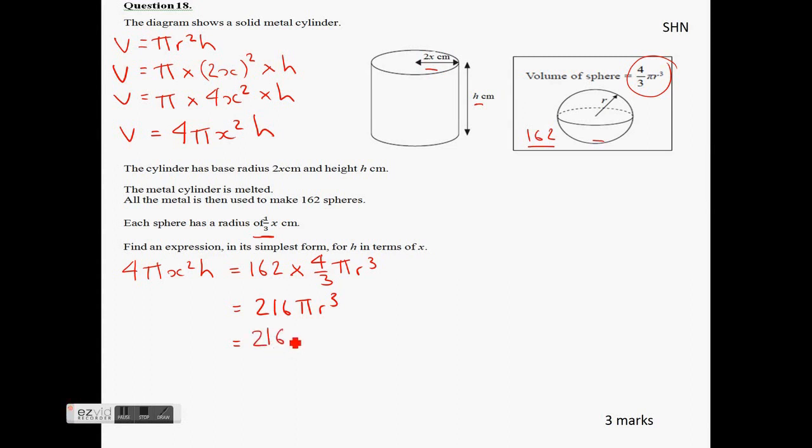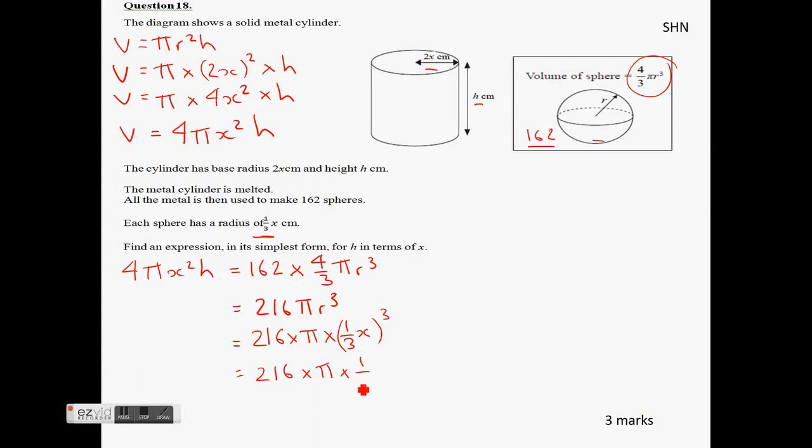So 216 times by pi times by, in this case, a third x. And again, I'm going to use a bracket because we're cubing it, and I don't want to forget to cube the third as well. So if I do that, 216 times by pi. Now a third cubed is going to be a third times a third times a third, and that will be 3 times 3 times 3 at the bottom. So that will give us 27.